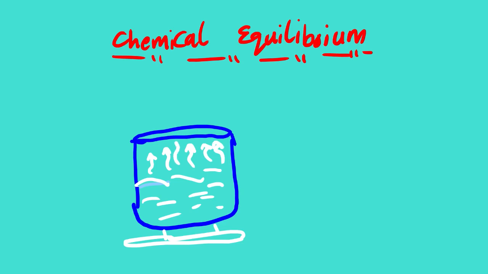But remember, this is a closed system, so the contents cannot escape the system or the container. Once this gas reaches the lid, it will be trapped. As it is trapped to a point whereby we have enough of it here, it will convert back to droplets, and condensation will take place.